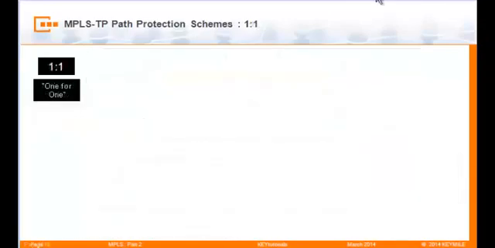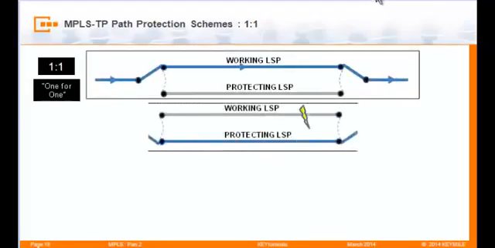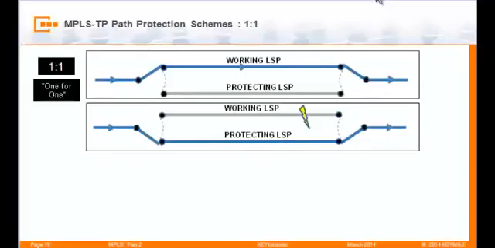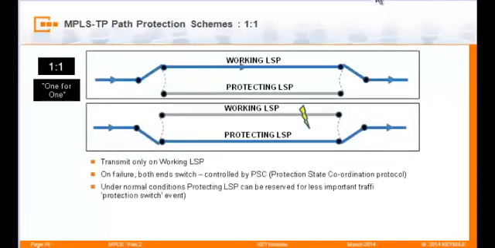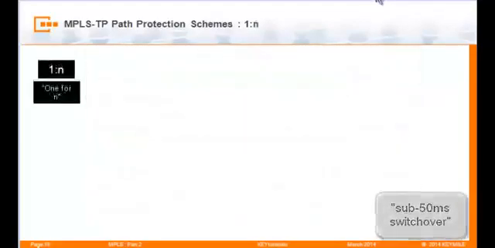The 1-for-1 scheme is similar to 1+1, but here the protecting path only carries the transmit signal when there is a failure in the working path. When the working path is carrying the transmit signal, the protecting path is available to carry lower priority traffic. Then finally, the 1-for-N scheme.